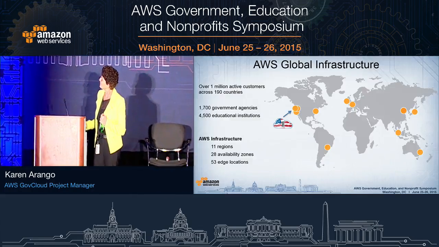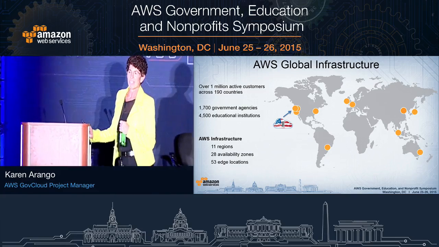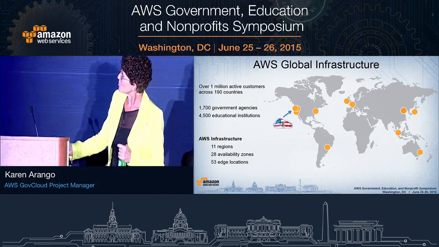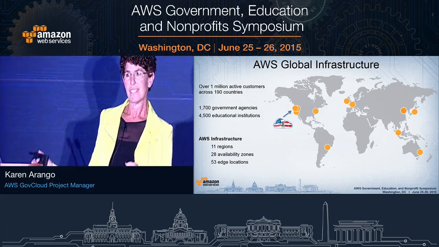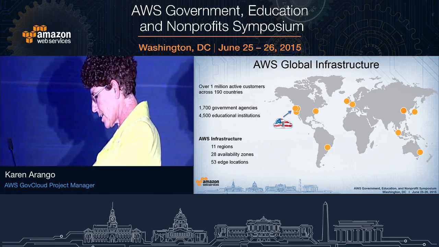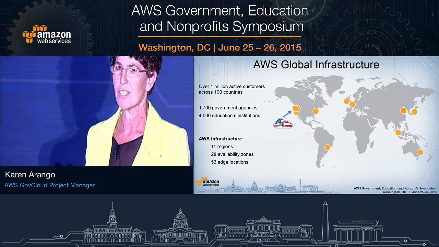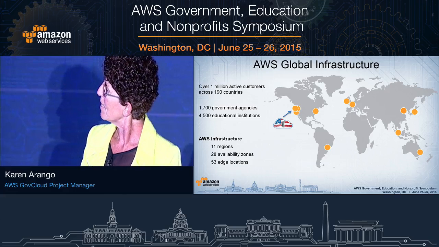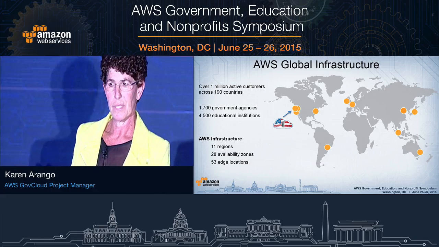AWS has a global infrastructure with 11 regions, to give you some context. And the GovCloud region is one of our regions in the cloud. It's in the Pacific Northwest.